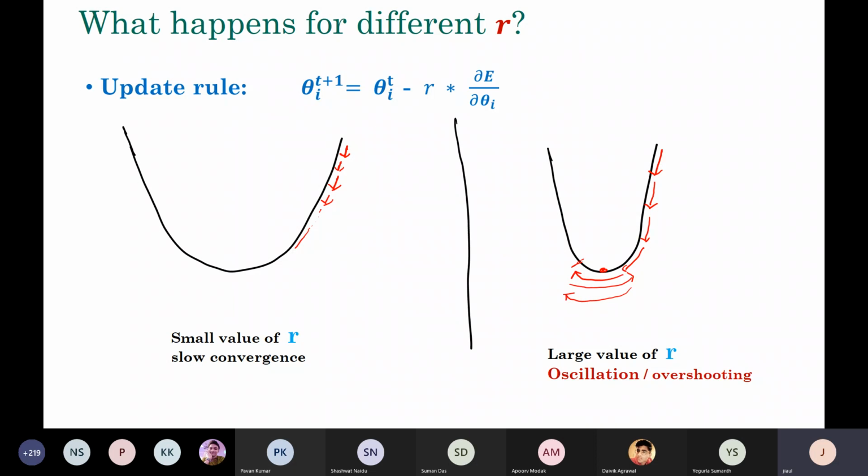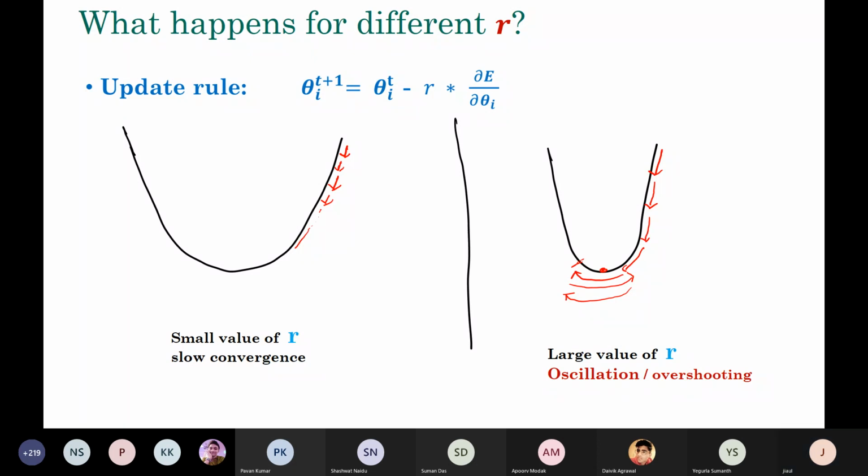That is the typical problem. It's called the oscillation problem, or overshooting problem, when you have a large value of R and the surface that you are trying to model is very steep. So you have both kinds of problems depending upon how you set your value of R and the nature of the surface that you have.